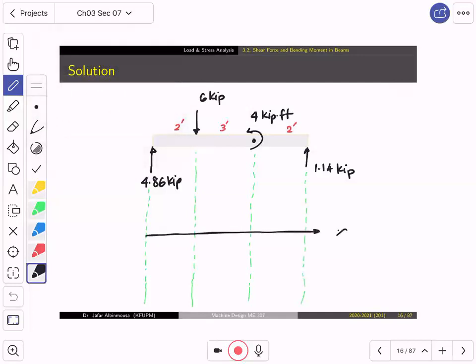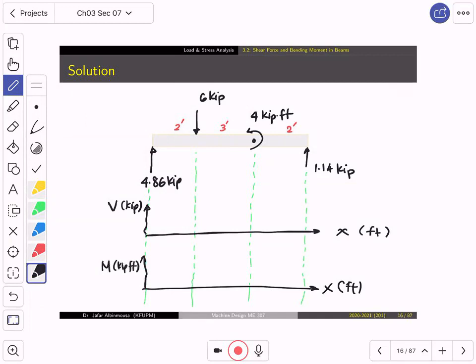This is going to be X in feet, and this one is V in kilopound. Down here, I'm running out of space, but I will try my best to squeeze it. This is X in feet, and this is M in kilopound-feet.